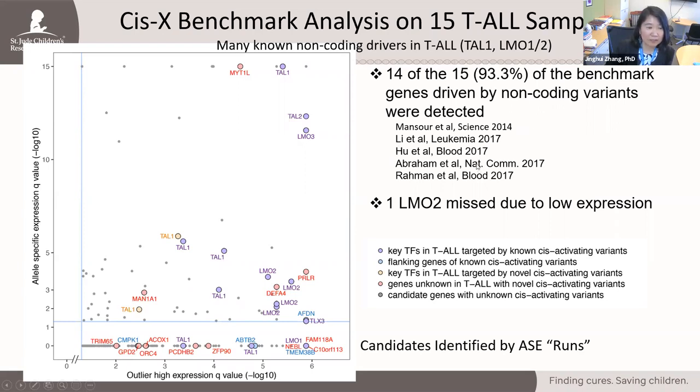By using cis-X, we were able to discover nearly all of these events and also find some new events, like LMO3 activation, TAL1 enhancer hijacking, and the TAL1 activation through an intronic variant that has not been reported before.